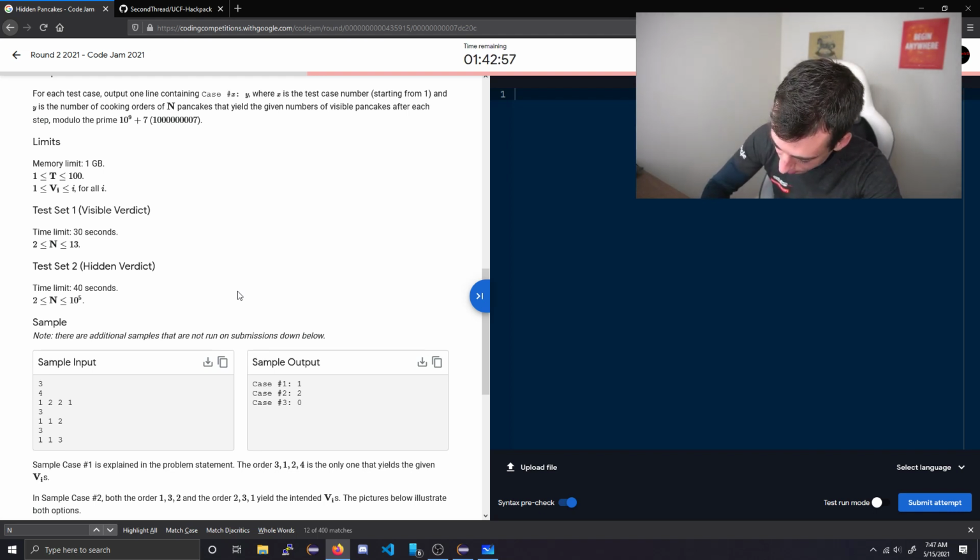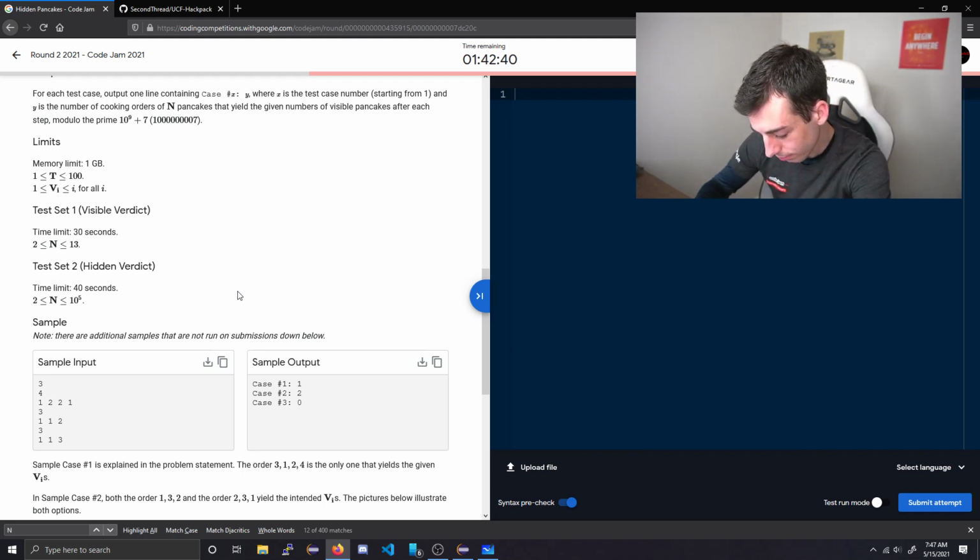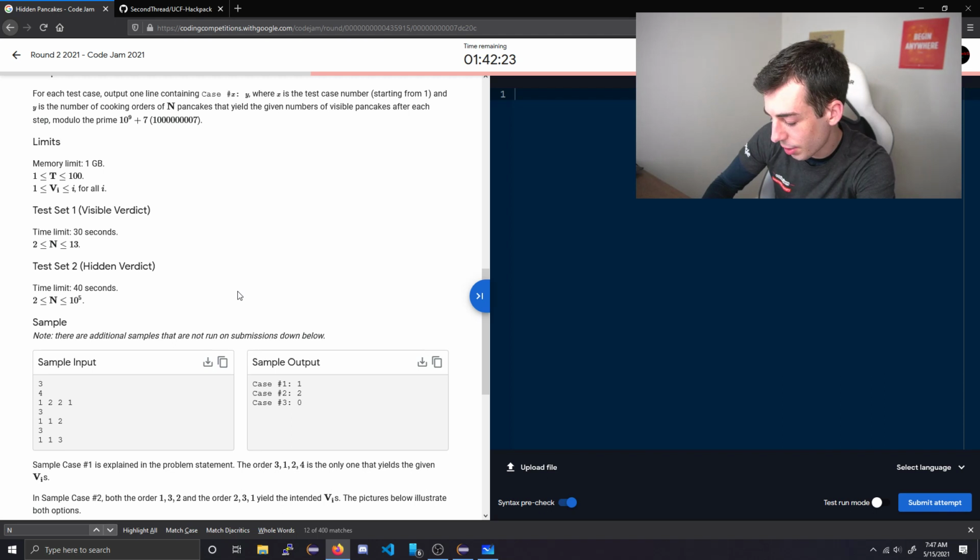So if you place something bigger, then this becomes the new bottom. So it's equivalent to like how many top sorts?